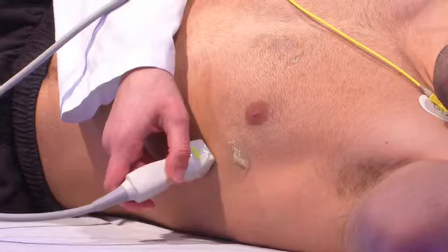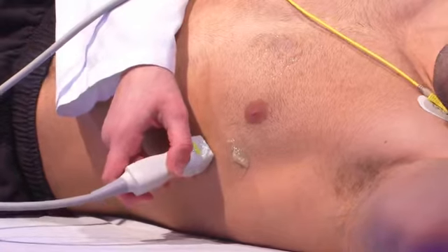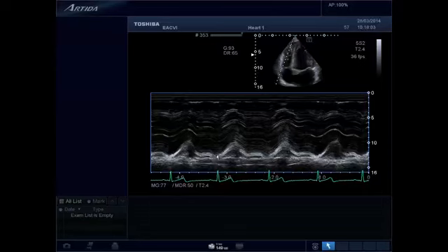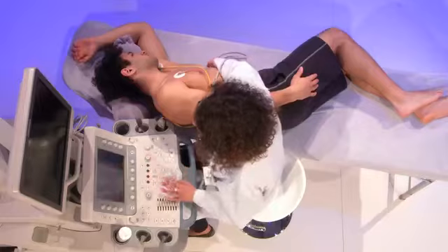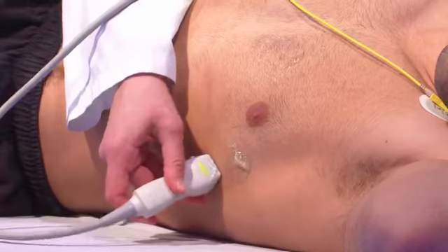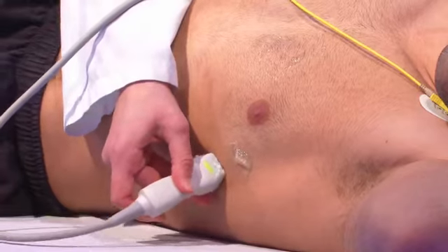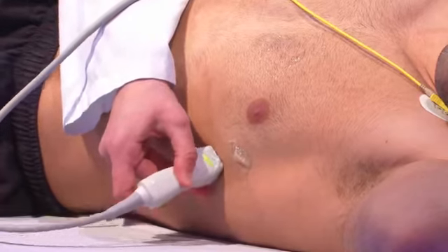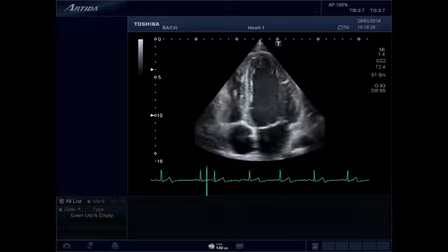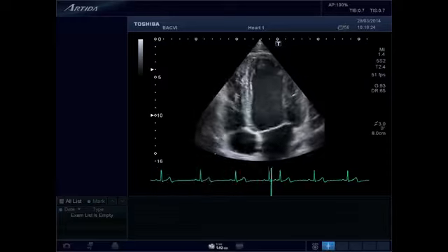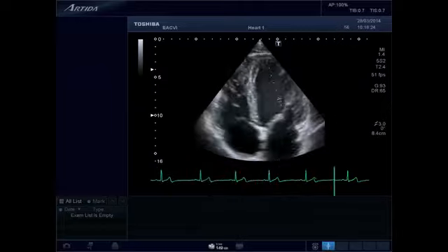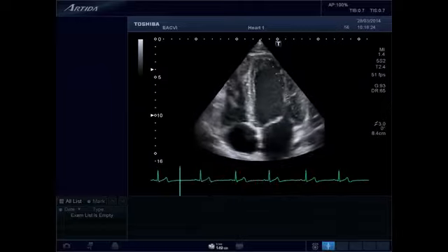So here you can see the excursion, the systolic excursion, and I will measure from here to here in order to obtain the systolic excursion of the tricuspid annulus, so the TAPSE. On the mitral side, I will do absolutely the same, but at the mitral annulus, and I will obtain the MAPSE.